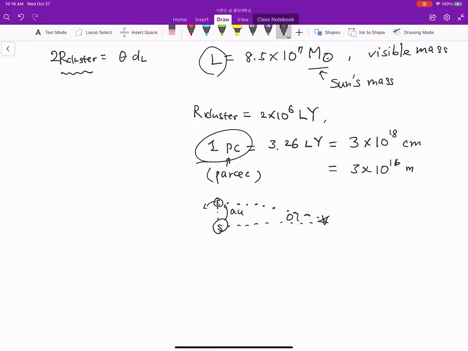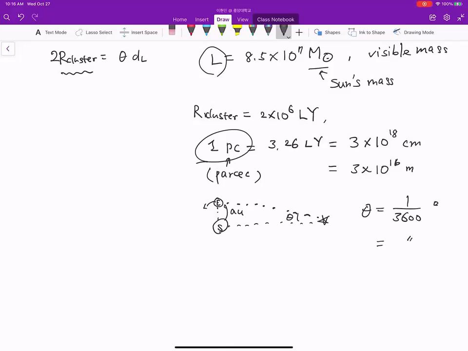And this angle is 1 in 3,600 degrees, which we call an arc second.